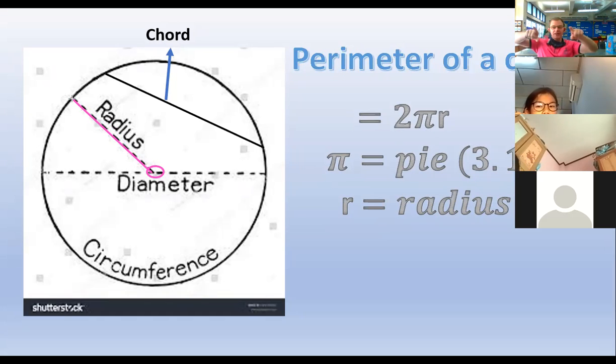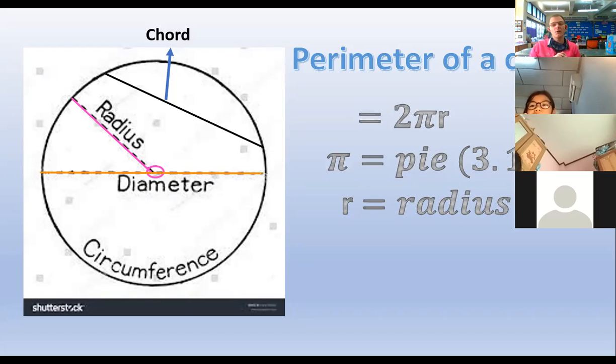The diameter is a line that runs from one side straight through to the other side of the circle. It has to touch both ends of the circle, so the diameter would run from here all the way through here. It also has to go through the center of the circle to give an accurate diameter.